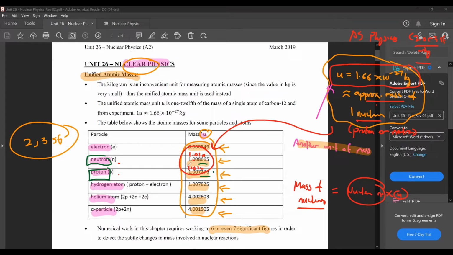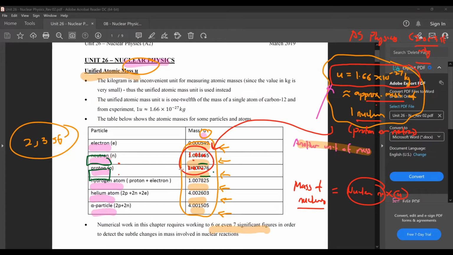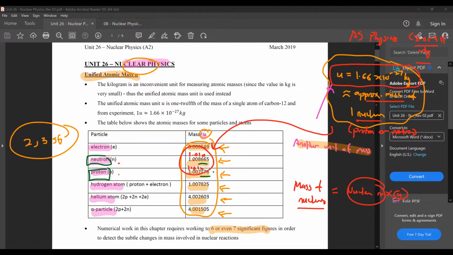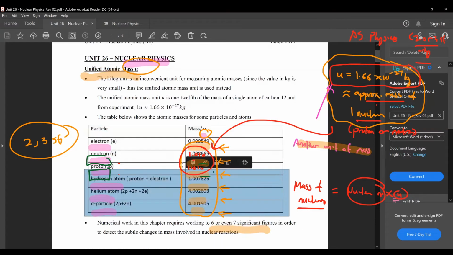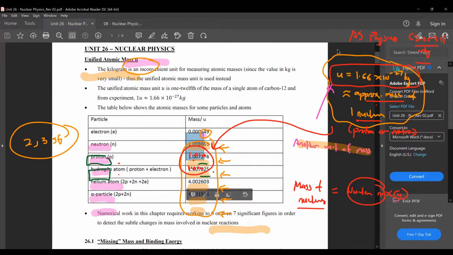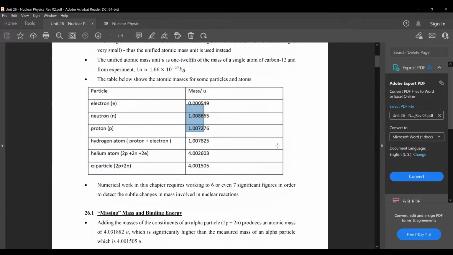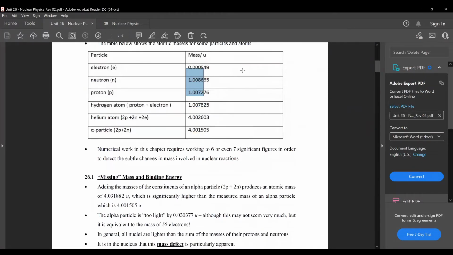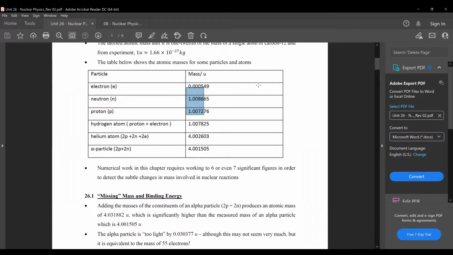But now you need to be careful. Mass of neutrons and protons are not 1 U. They are actually up to a larger value. Okay. Now, the values that are listed here, you don't really need to memorize them. If you are required to use them, your question will tell you. Okay, that's just what I want to mention to you when you're dealing with masses of subatomic particles here.